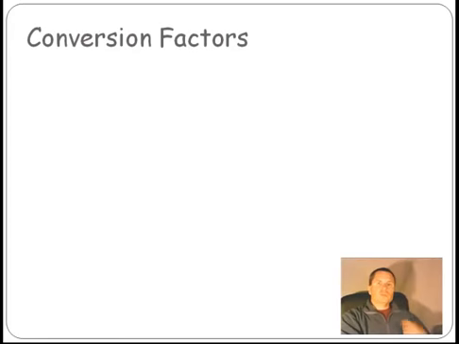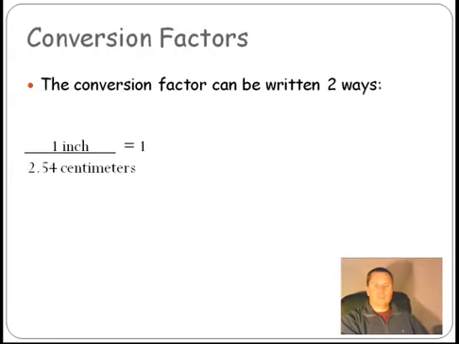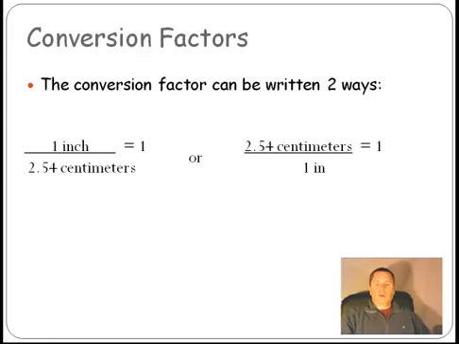So to do this, we have to come up with what we call conversion factors. Conversion factors are simply a ratio, that's the easiest way of thinking, or a fraction. So if we look at the example we did comparing inches to centimeters, what we can say is that 1 inch is equal to 2.54 centimeters, or we can say 2.54 centimeters over 1 inch.